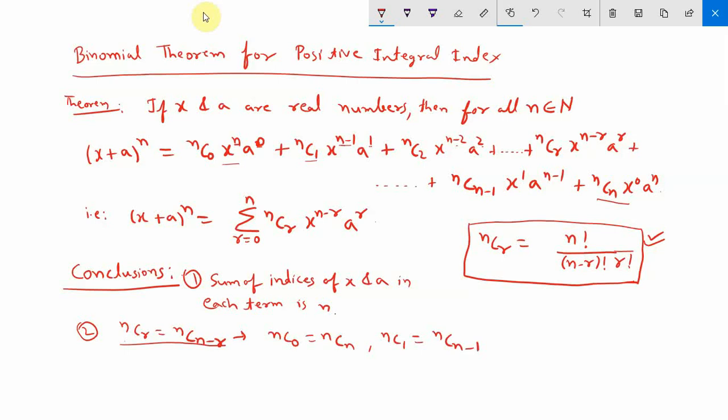So from this we can conclude the coefficients of terms equidistant from the beginning and the end are equal.